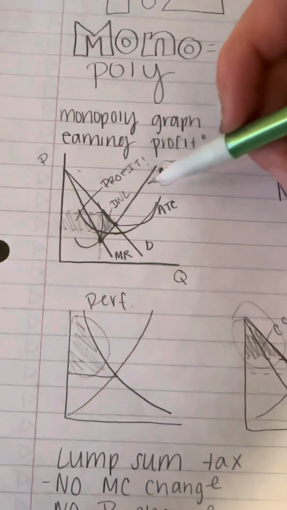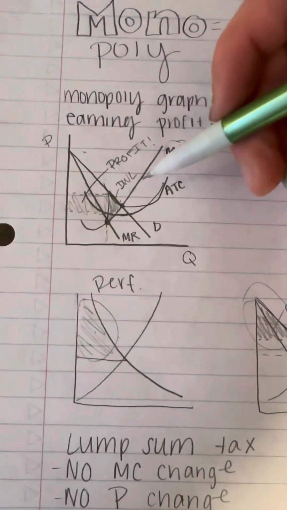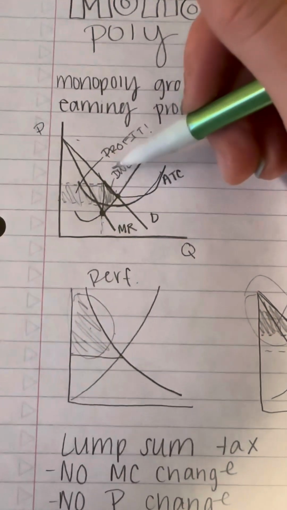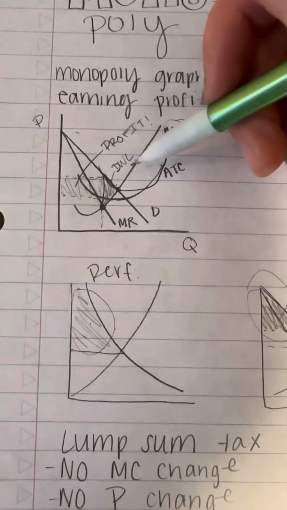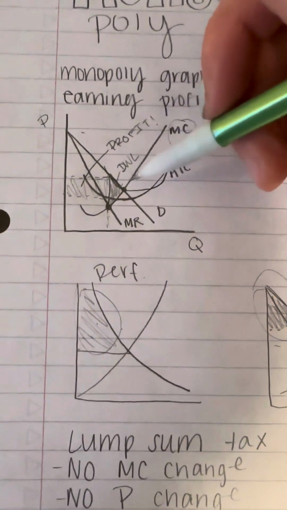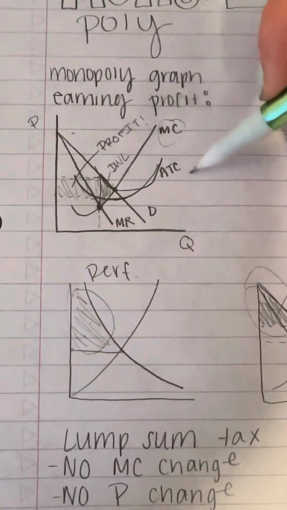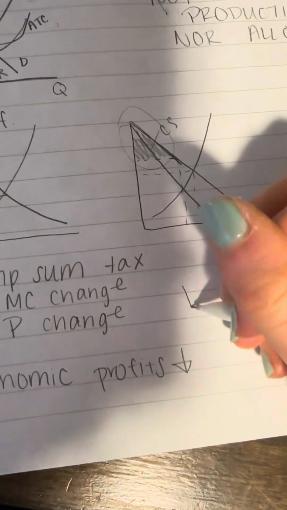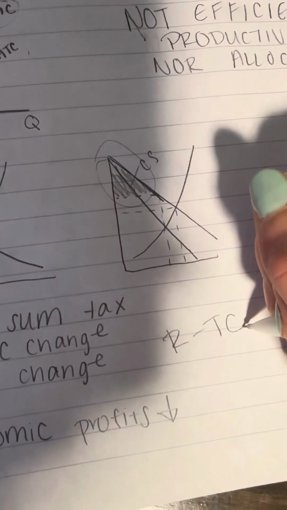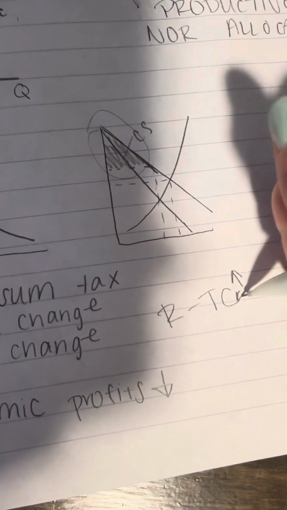So the lump sum tax increases our fixed costs, like I said, which increases the ATC curve. So that's going to move up our ATC curve. And the profits shrink because the total profit is our revenue minus total cost, and the tax is going to raise our total costs right here.